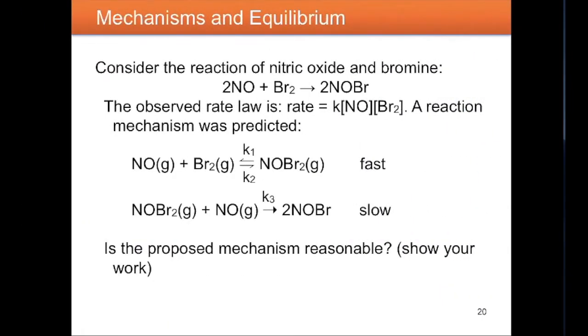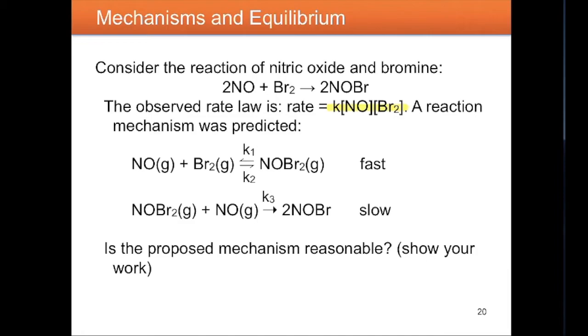All right, so let's consider this reaction, nitric oxide and bromine. The observed rate law is given, and a reaction mechanism was proposed. Again, we have a reversible reaction as step 1 that's fast, and then a slow reaction as step 2.